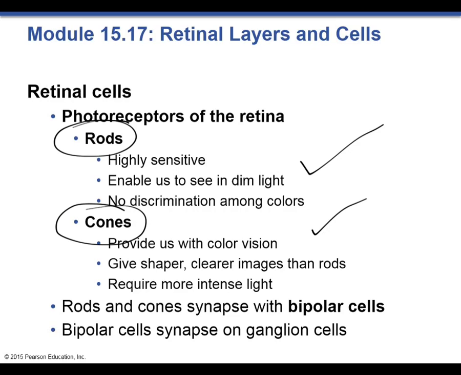And they're going to allow us to see in color. And some people have a deficiency in one of the types of cones, and they have a form of color blindness. So there's all sorts of different kinds of color blindness if your red, green, or blue cones are defective. Okay, so these cones come in three different types, just like your color printer has three different ink cartridges, right? Those three cartridges on your printer can mix to make the millions of colors on the earth.